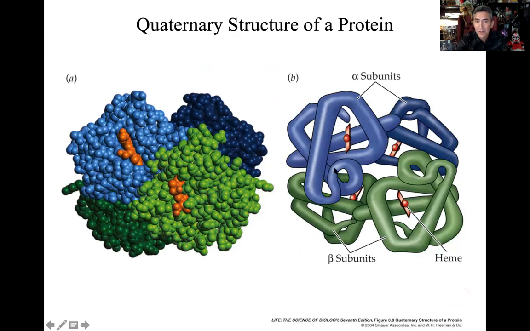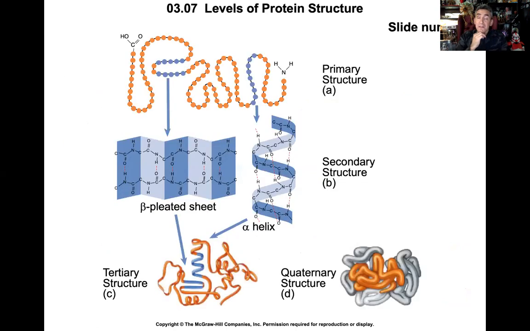There's a blue functional protein, a green functional protein, and these aggregations all collectively work together. So not too bad, I don't think, right? Protein structure is not that terribly complicated. Just understand we've got to get at least to here, and we can elect then to get to here or not. The quaternary is optional.